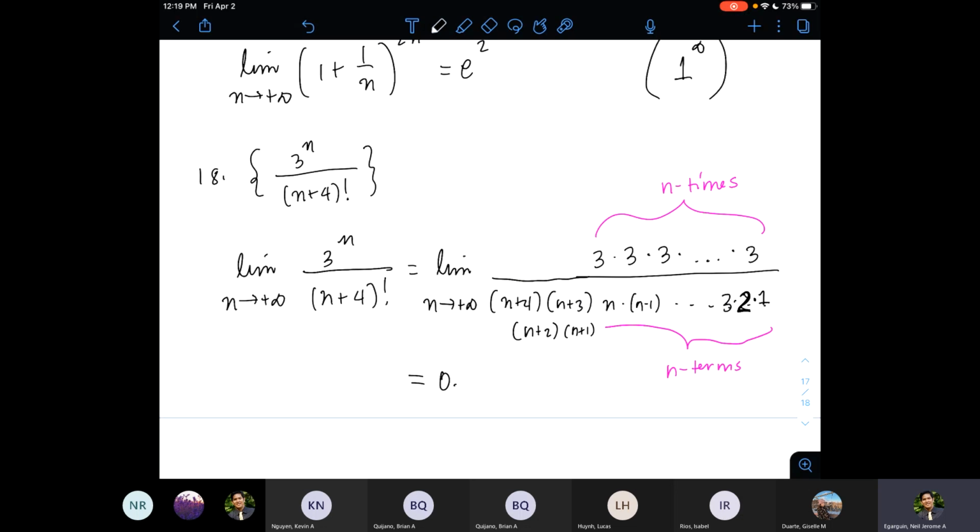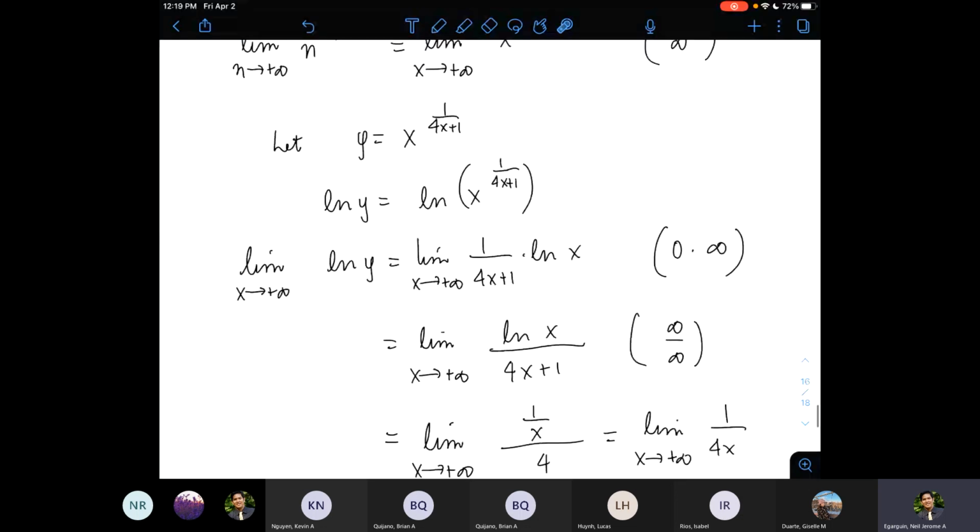And I guess if I'm not mistaken, last time we had the hierarchy of, here we have an exponential, and then here we have a factorial. And we mentioned last time that factorials grow a lot faster than exponentials. So that means the denominator grows a lot faster than the numerator, so this will tend to 0.